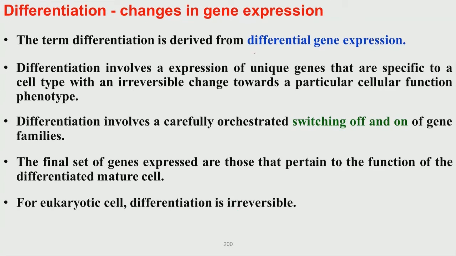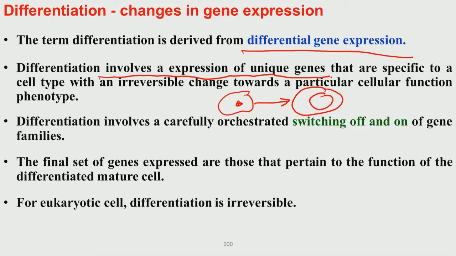I already mentioned that differentiation essentially means differential gene expression. So, one of the things you must remember in the differentiation process is that it involves the expression of unique genes that are more specific to the mature cell type. That means you have one cell type that is a little premature, and one cell type that is much more mature.